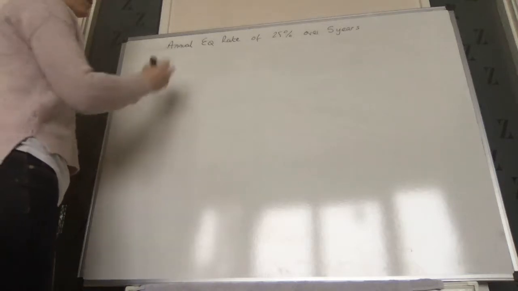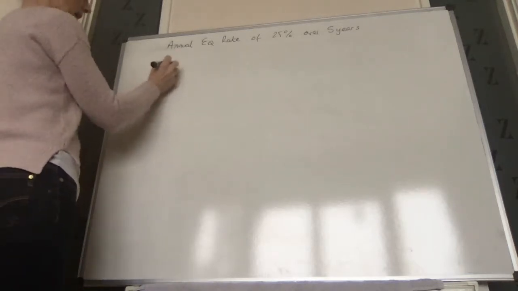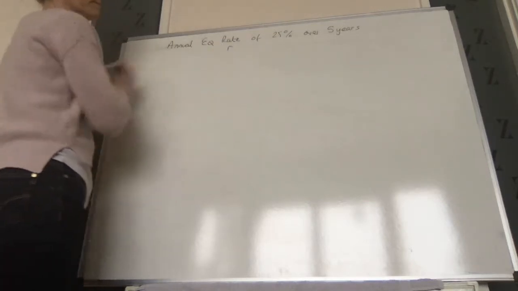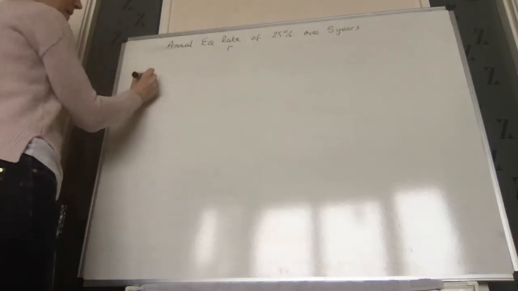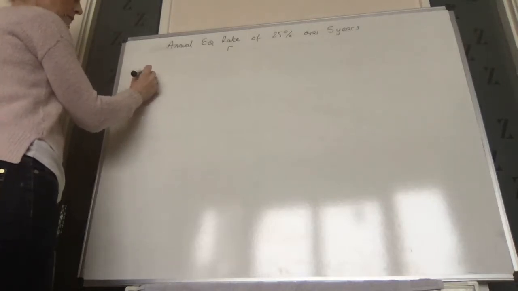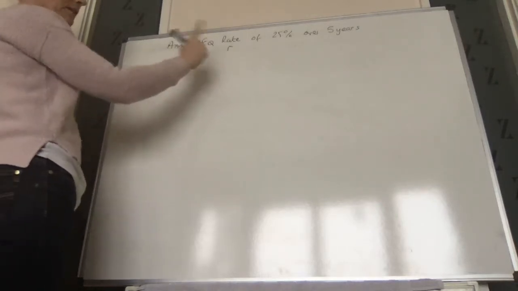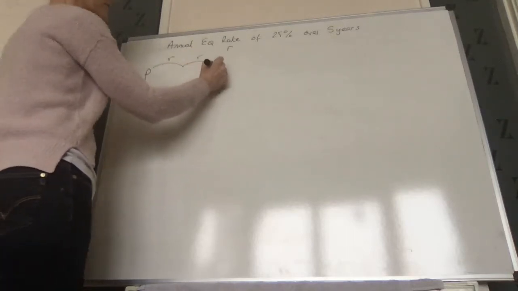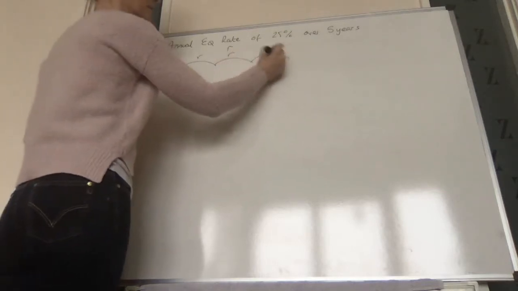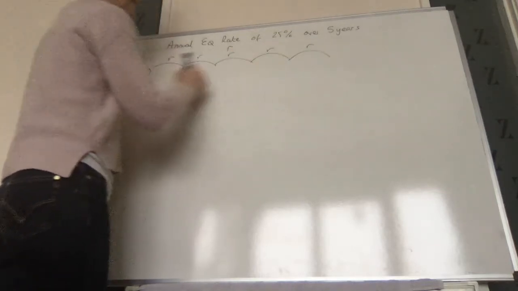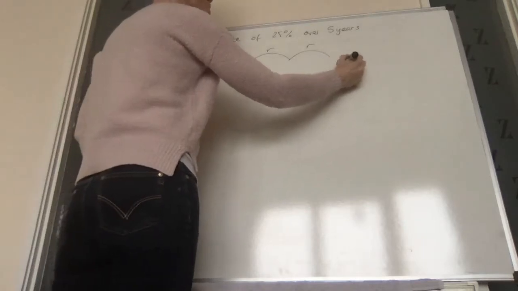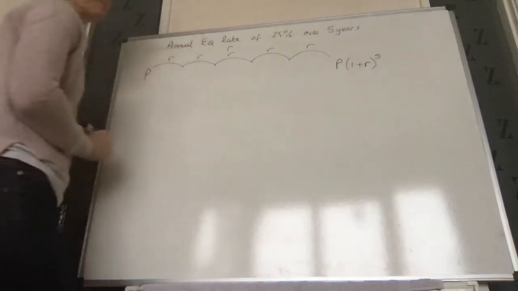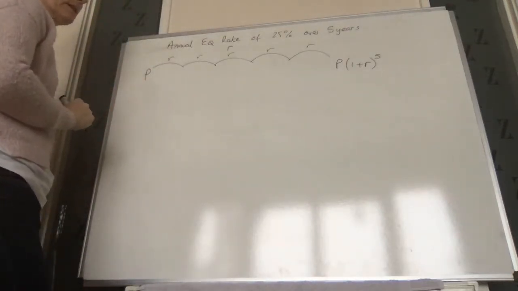Okay, so what you're going to do is say, well, we'll call the annual equivalent rate R. So we know that if we put P in for 5 years and we were given an interest rate of R every year for 5 years, what we would get out at the end of the 5 years would be P times (1 plus R) to the power of 5. That's what we'd get at the end of 5 years.